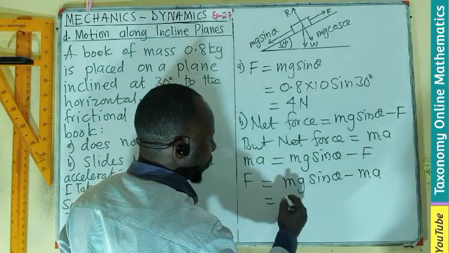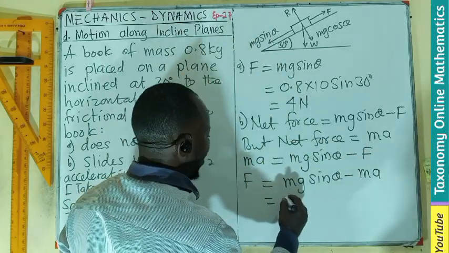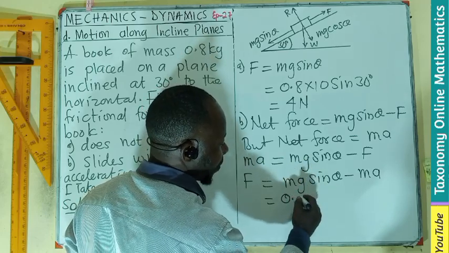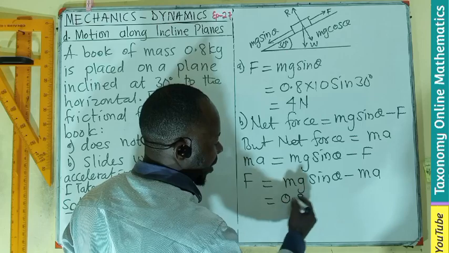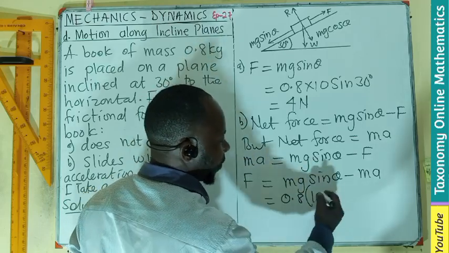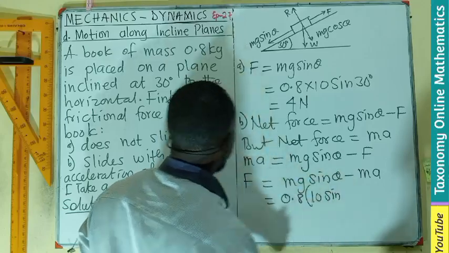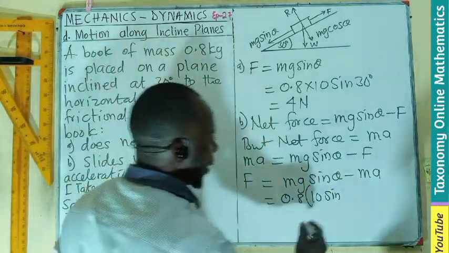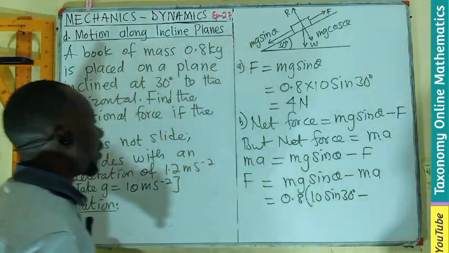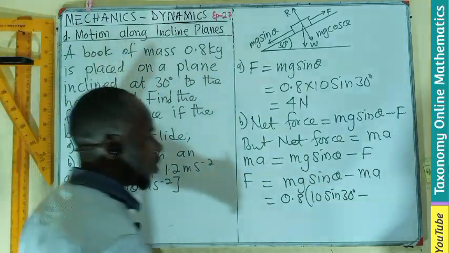Let's do our substitution. The mass of the body is 0.8. We can do an approximation, factorization, so I factorize that out. The force of gravity is 10, the sine of the angle is 30, minus the acceleration of the body, which we have as 1.2.